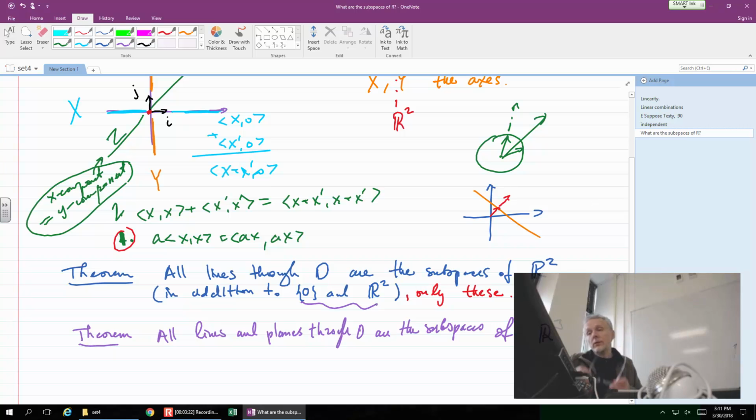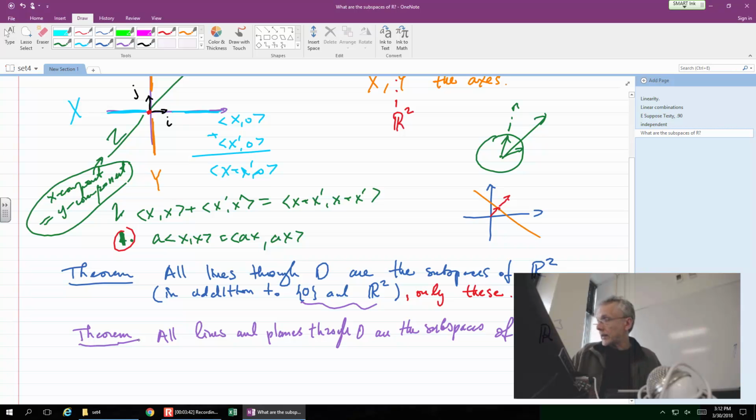So all lines and planes. Every line could have a slope, could have 2 slopes, incline, but they are subspaces, which means that they are entirely algebraically self-contained. So you can imagine that nothing else exists, and you can do algebra within them.